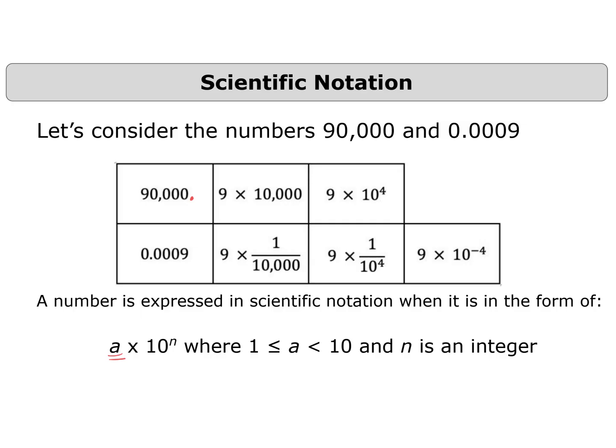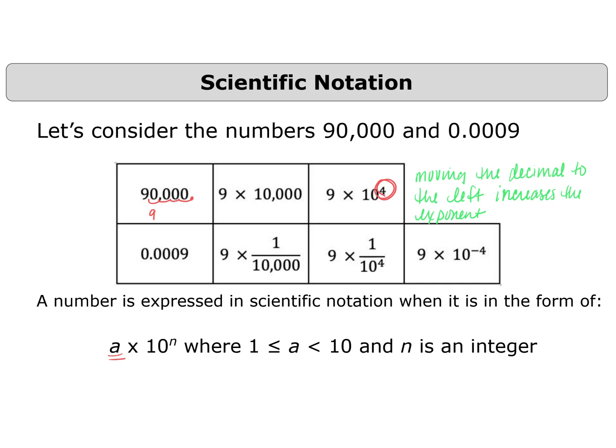So we could move our decimal place over 1, 2, 3, 4 places, and then we would just have 9. And when we move our decimal place to the left, that's going to increase the exponent the number of places we moved our decimal, so 4 places.